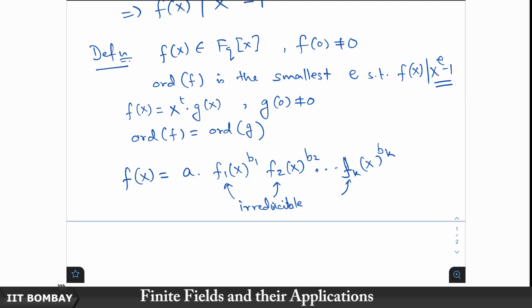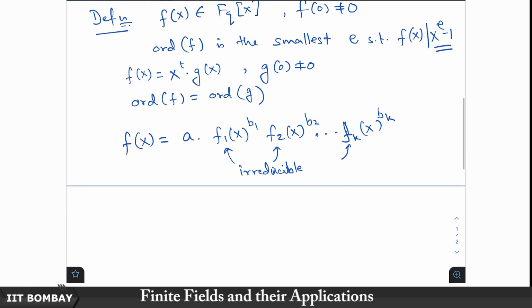First we would like to understand what kind of order irreducible polynomials like f1(x), f2(x) have, then what kind of order their powers have, and then how to combine and get the order of the product of such co-prime factors.